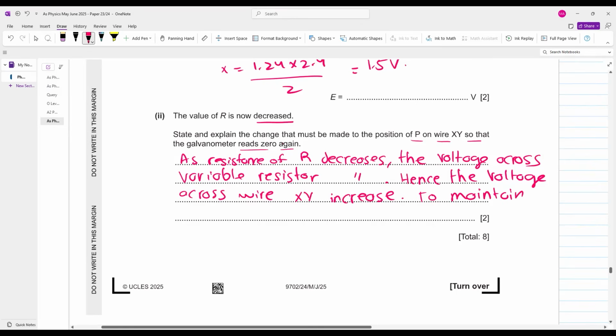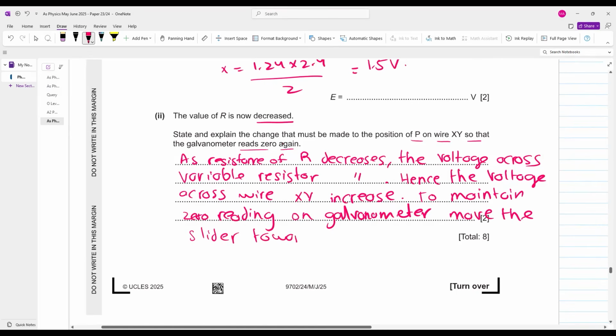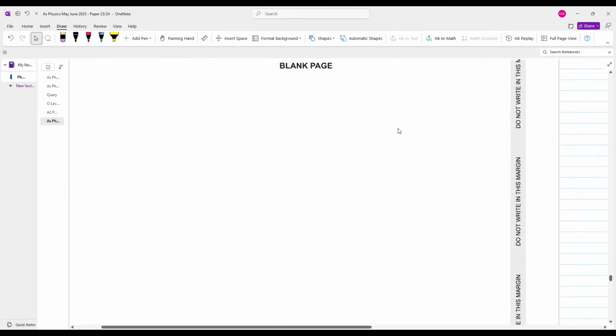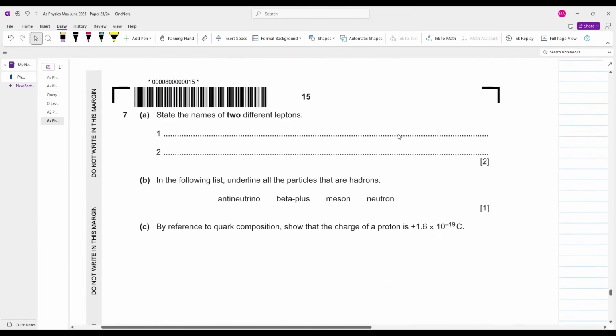To maintain zero reading on galvanometer, move the slider towards left. Simple. Let's move ahead.